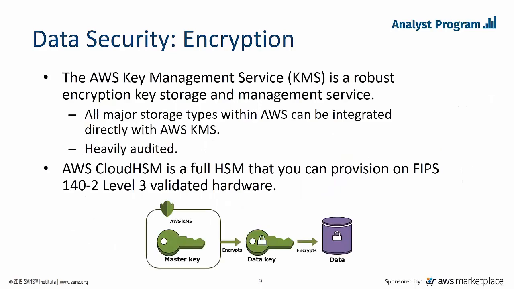So the biggest piece really of data security around encryption, however, probably comes back to enablement of key management and tying things like encryption keys and the use of encryption keys into all the various storage locations that you have enabled.